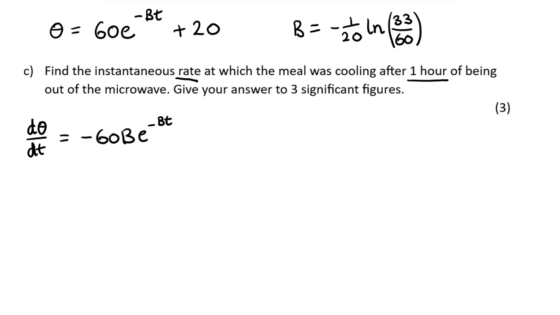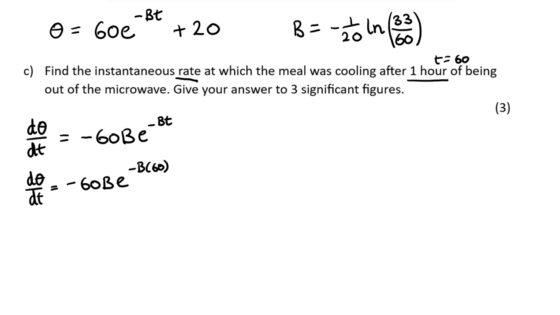So we're asked to find what d theta by dt is when t equals 60. So we're going to substitute in 60 into our equation here. Remember, b is just that constant there, that minus 1 over 20 natural log of 33 over 60. And we can just put this into your calculator.